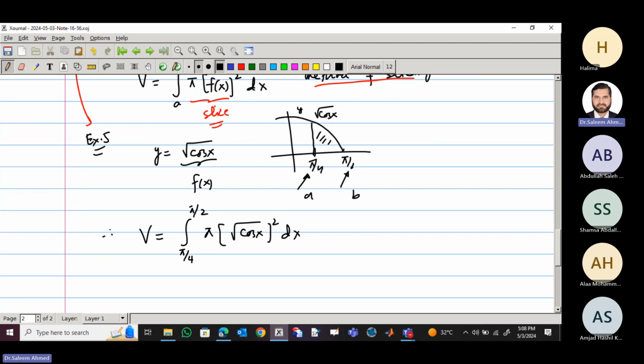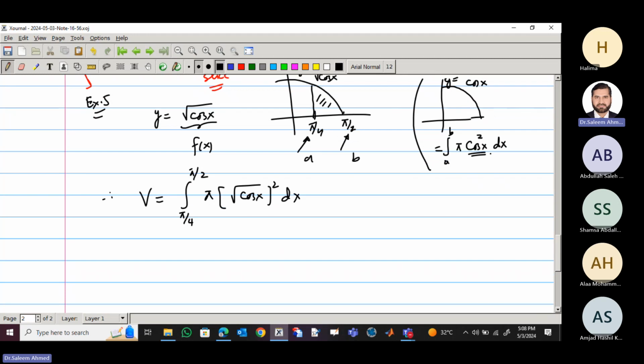See, they did not give you cos x. If they give you cos x, your integration will become a little difficult. Let's say instead they give you just cosine x, y is equal to cosine x. It looks very easy, but when you write the integration, it will become cosine squared x from a to b, and finding the integration of cosine squared is not that easy. That's why, to make it easy, they gave you the square root of cosine x.